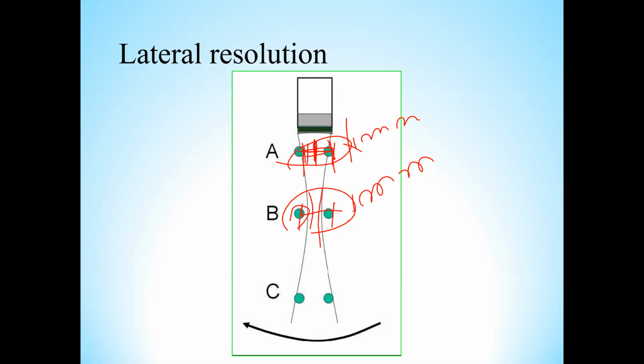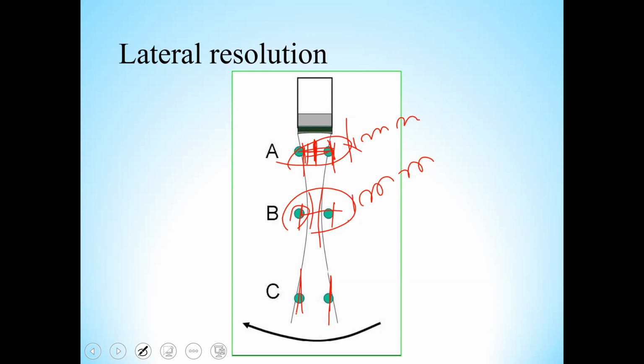So lateral resolution depends upon the beam width. The wider the beam used, the worse will be the lateral resolution. And the narrower the beam, the better will be the lateral resolution.